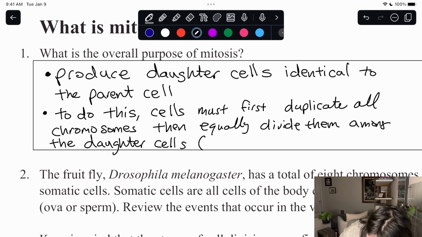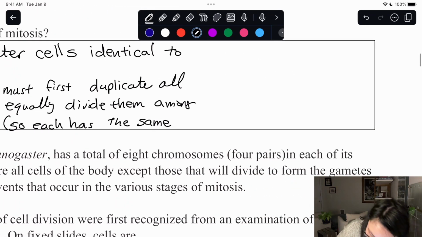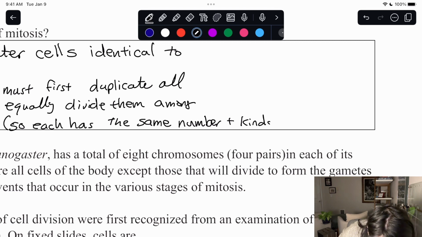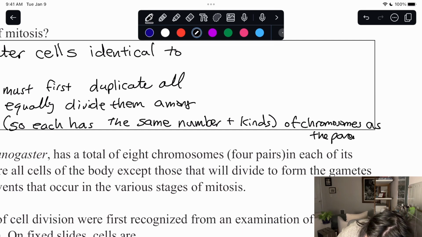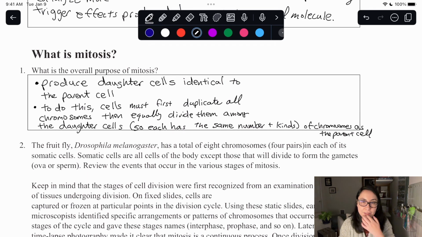That way, each has the same number and kinds of chromosomes as the parent cell. Okay, that's all you have to write down for mitosis.